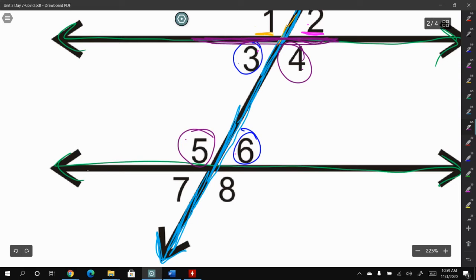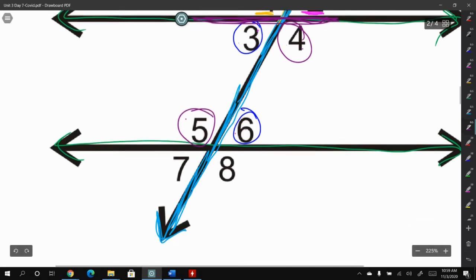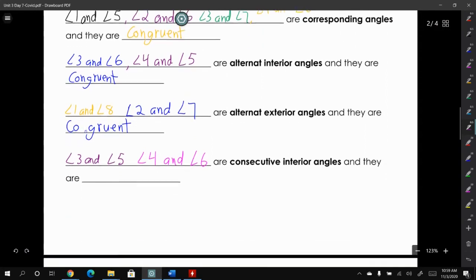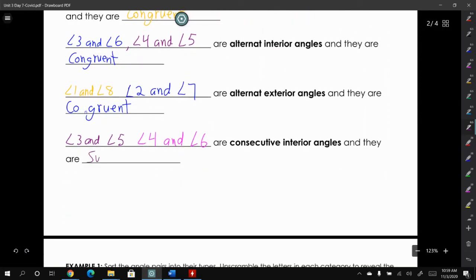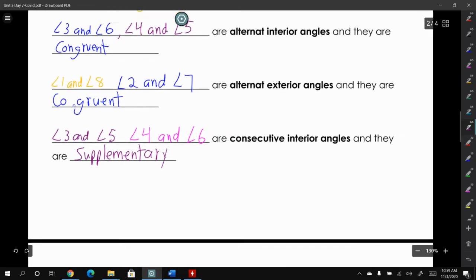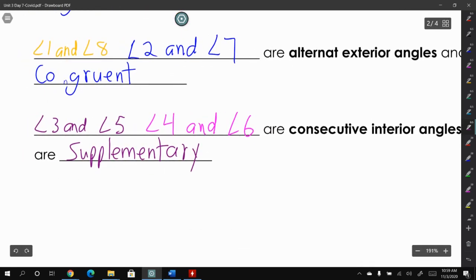Well, if angles 3 and 6 are congruent, then we can use substitution again to say angles 4 and 6 add to 180. They are supplementary because they would form a straight line. Or you could say they are a linear pair, or that they add up to 180 degrees. All means the same thing.